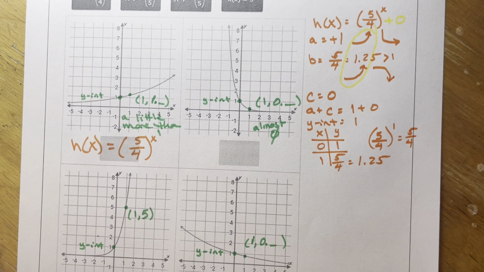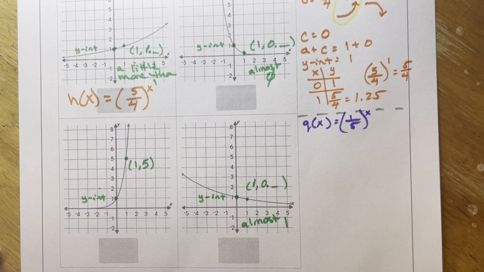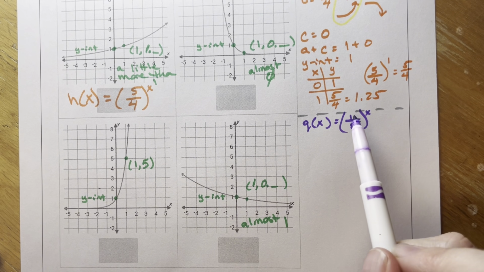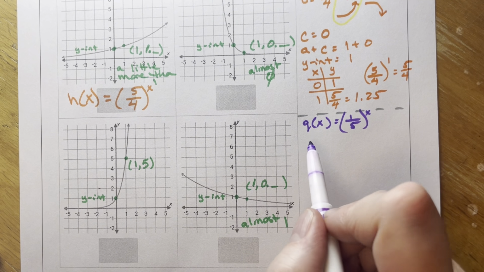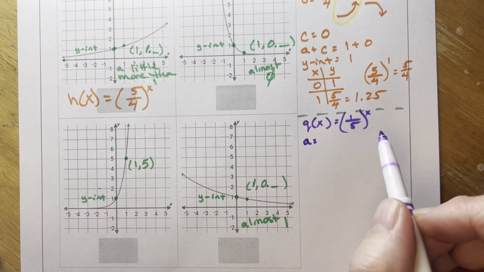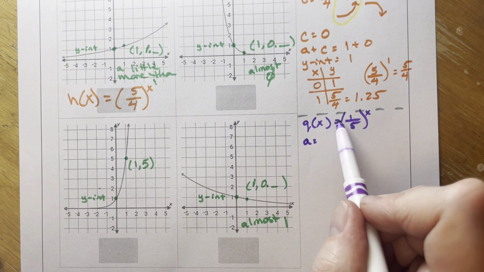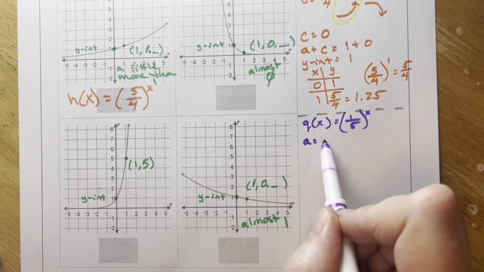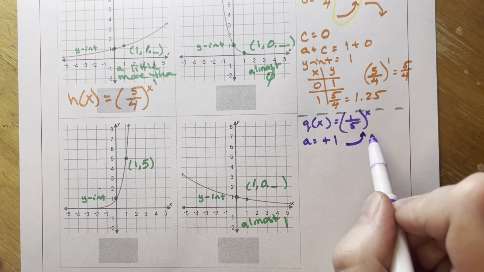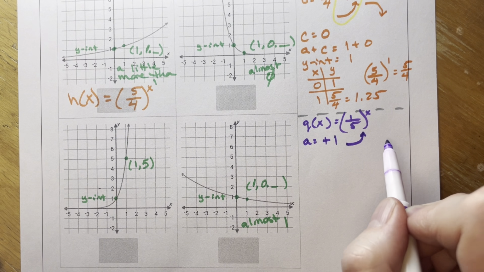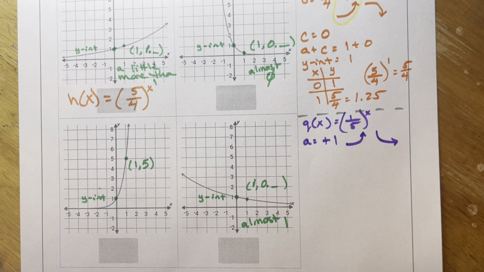Our second exponential function, q of x, is equal to the quantity 1/5 to the x power. All right, so let's see what we've got. We know that a is still the number in front of the parentheses, and since nothing is visibly present there, we know from the introduction that's a positive 1, and it is going to travel either upward steeply to the right, or it's going to flatten out, bottom out as it travels to the right.